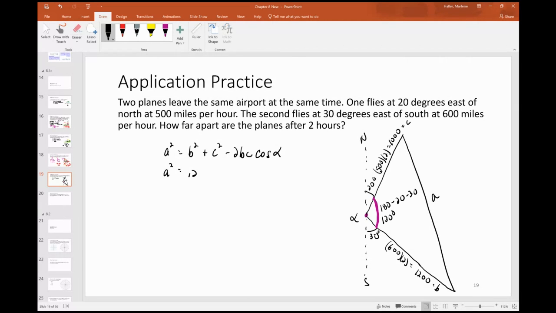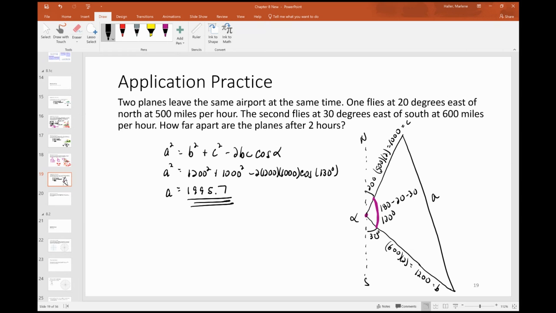So this is going to be 1,200 squared plus 1,000 squared minus 2 times 1,200 times 1,000 times the cosine of that angle, 130 degrees. Plug all that in the calculator and take the square root of it. And we see that this length of side A here is 1,995.7 miles.